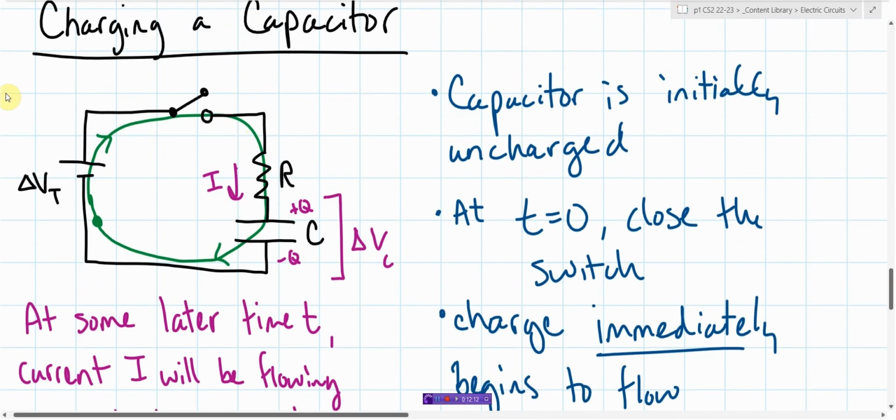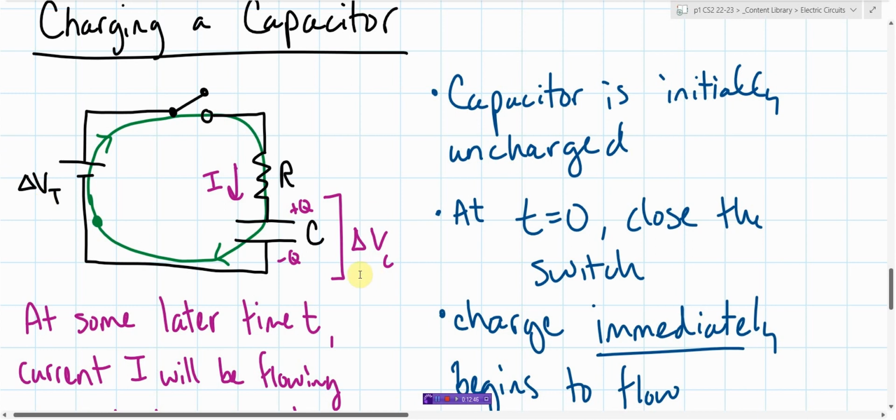This thing's going to start off with a big current, but as the capacitor charges, more and more delta V is going to be across it, which means less delta V across the R. The only way for that to happen is if the current through R is less, because delta V across the resistor is I times R. Eventually all of the delta V T from the battery will just be across the capacitor.